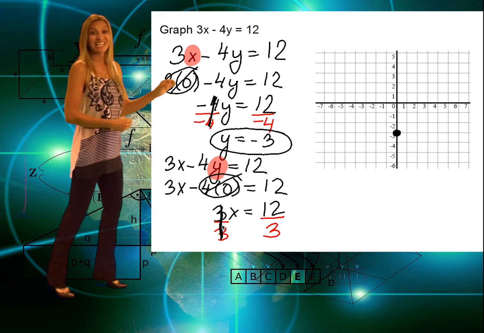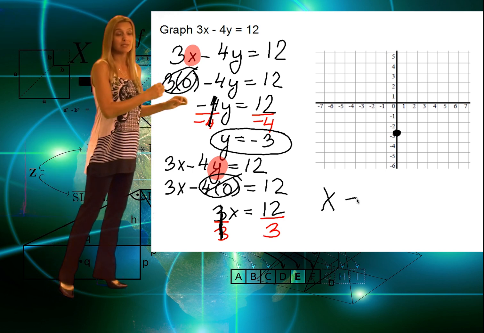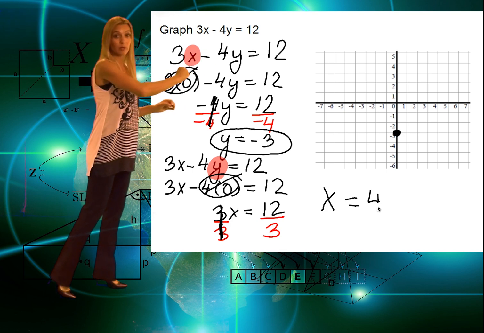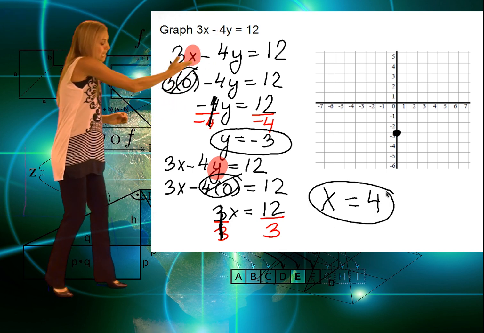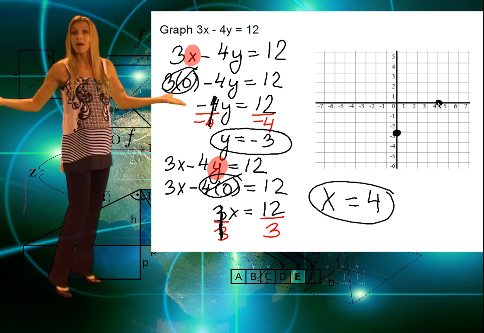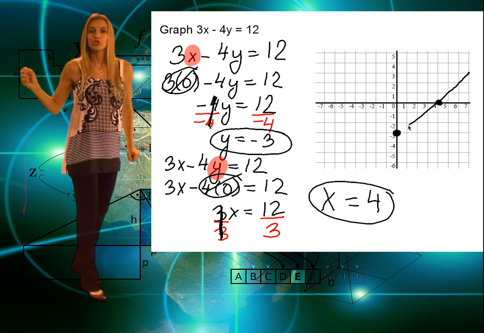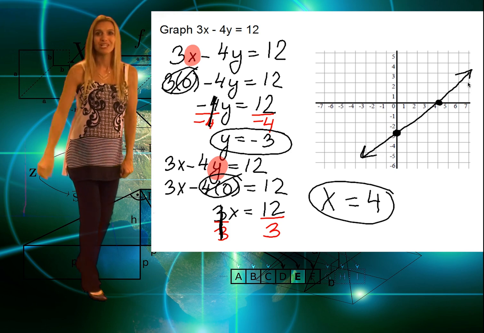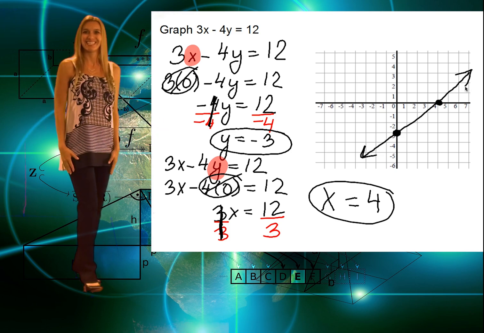So that is my second point that I need, and that is on the x-axis, where x equals 4. Now I'm going to put a nice line through these two points, and voila! Same line, two ways, got it right both ways. And that is it.